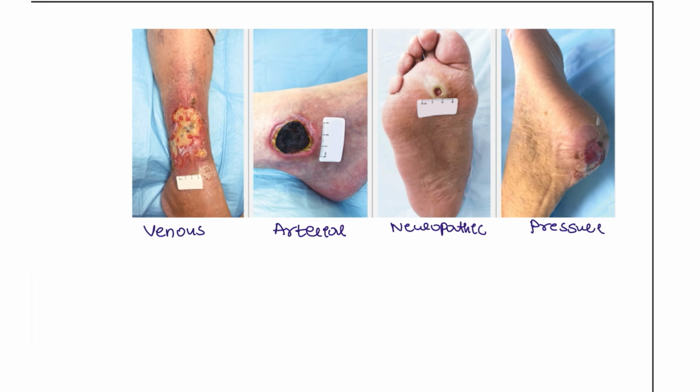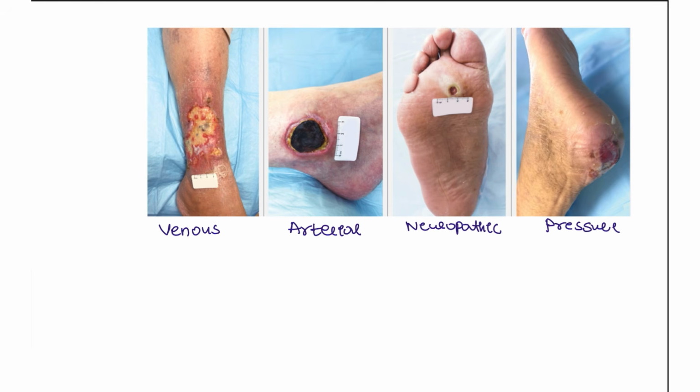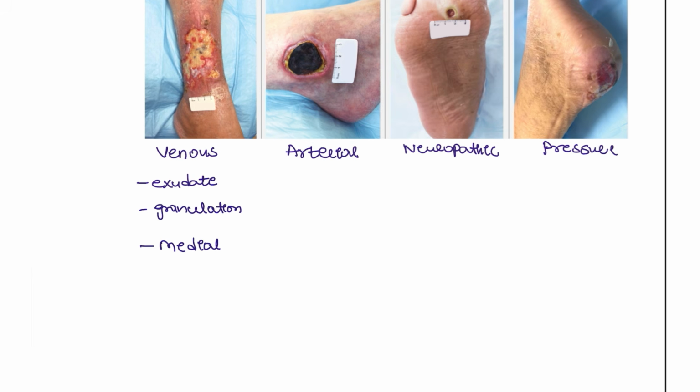Venous ulcers present with exudates like pus formation, and around them granulation is formed. They involve the medial aspect. They are most commonly seen with DVT, and also varicose veins.